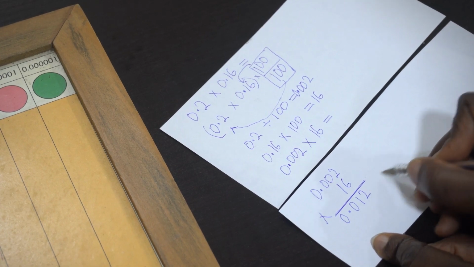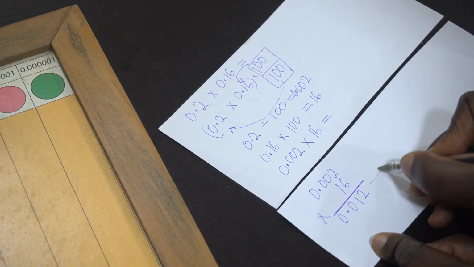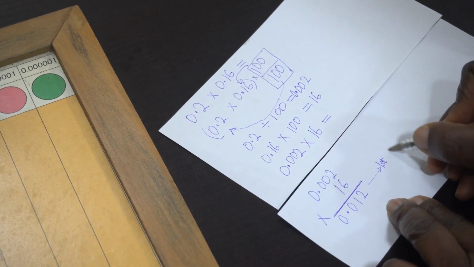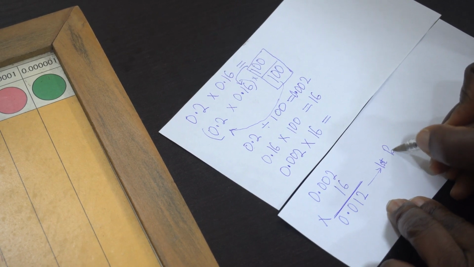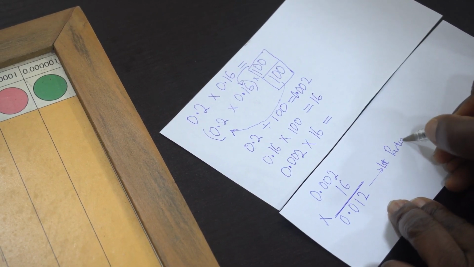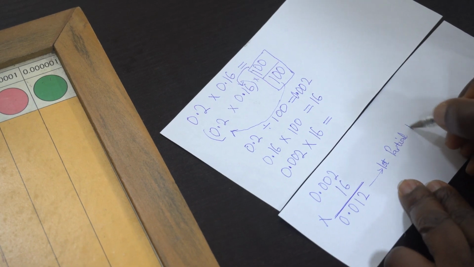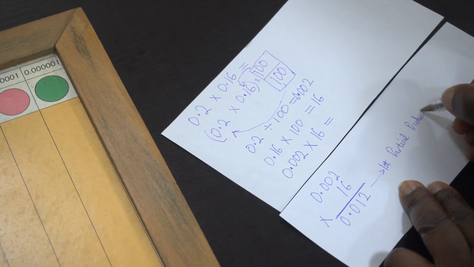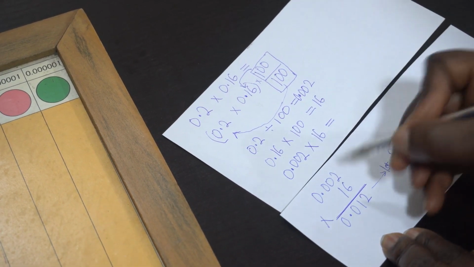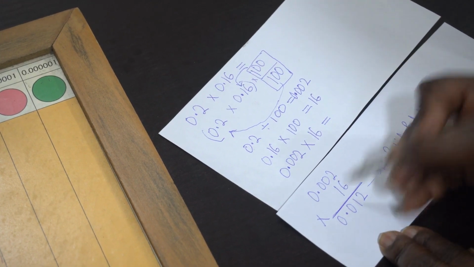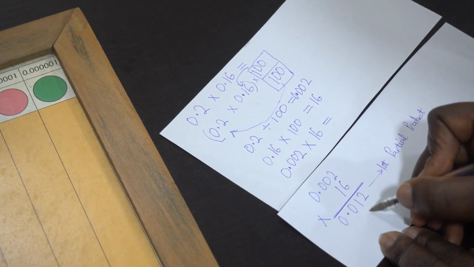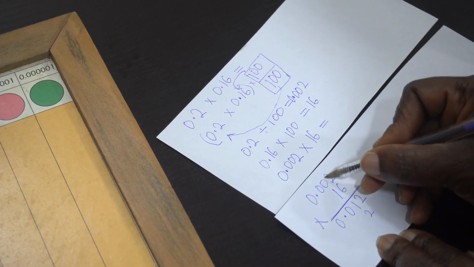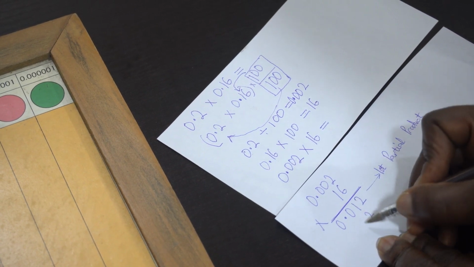So this is our first partial product. Now let's multiply by the unit. 2 times 1, 2. 0, 0 times 1, 0.